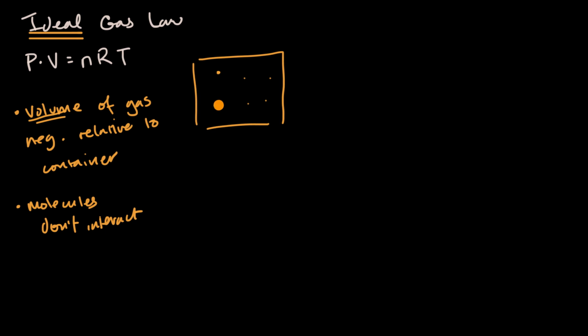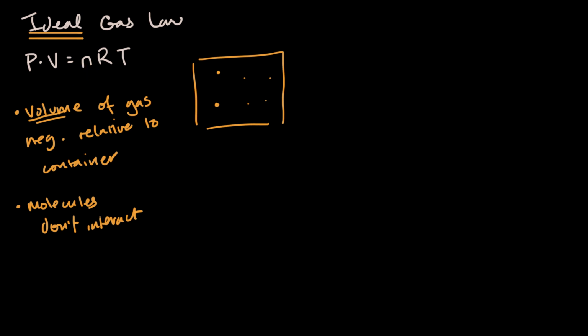Maybe they don't have strong intermolecular forces. Once again, because they're taking up a small portion of the volume, they might not get close to each other too often. And so that's why these are reasonable assumptions, and they allow us to say that PV is equal to nRT, which is a valuable approximation in most circumstances.